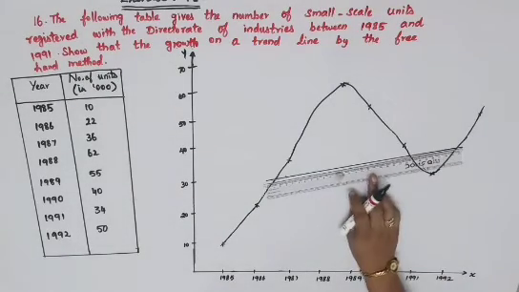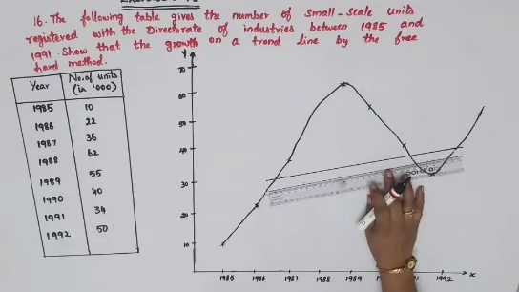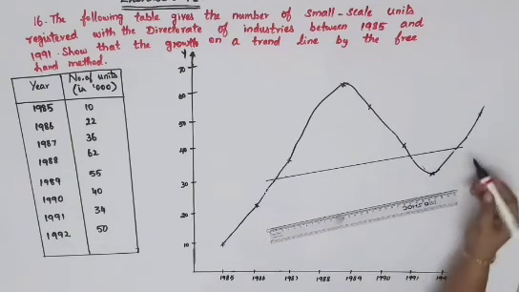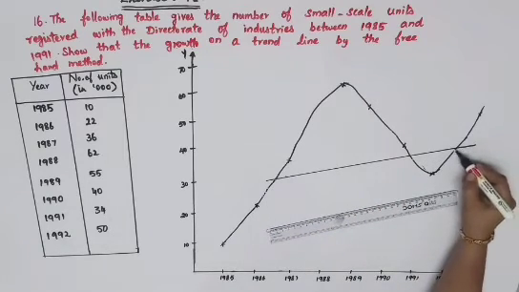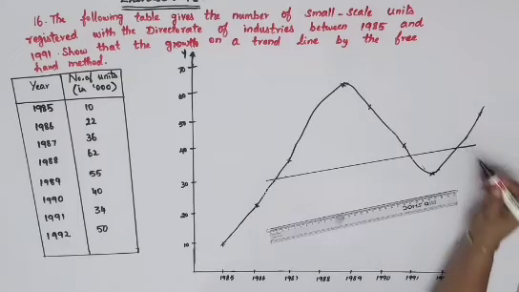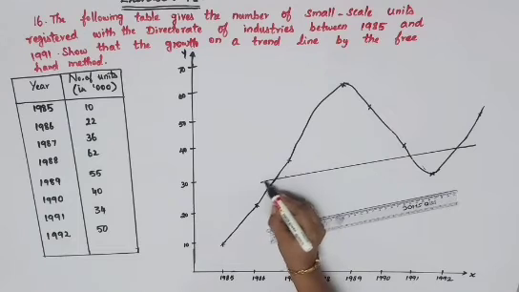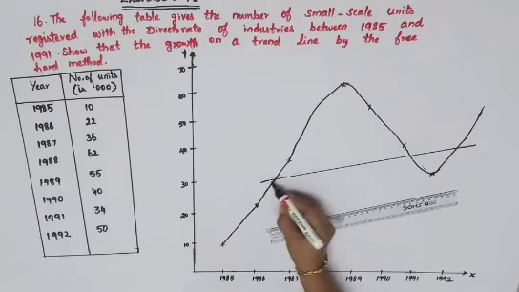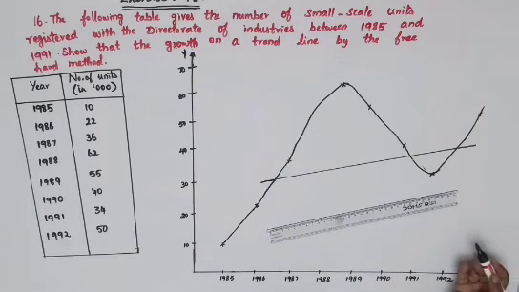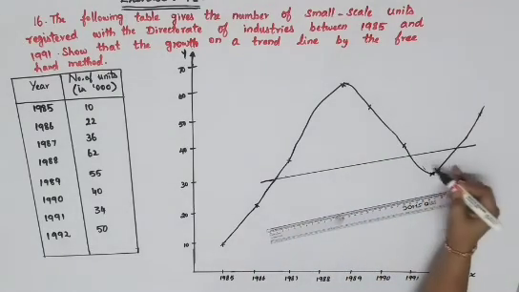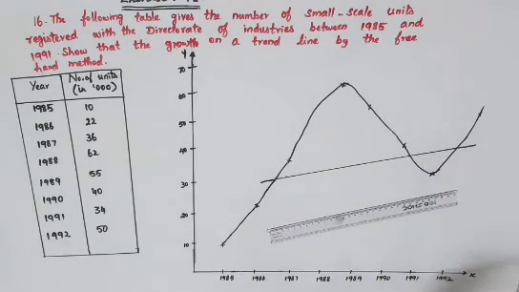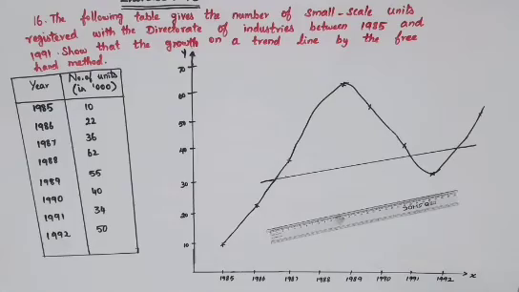So you can see this line is touching all these three lines. So the maximum number of lines it has to touch or cover, that will be your trend line. So the trend line is the line which covers the maximum number of curves, otherwise curves or lines you can take it. So this is the answer for your 16th question.